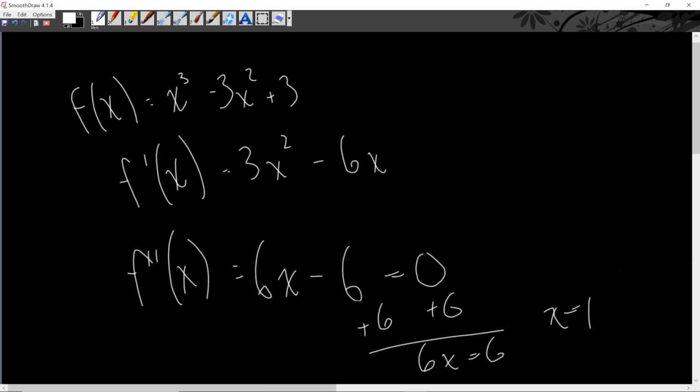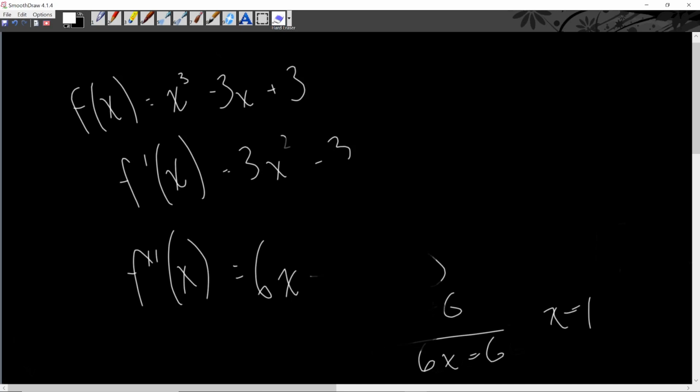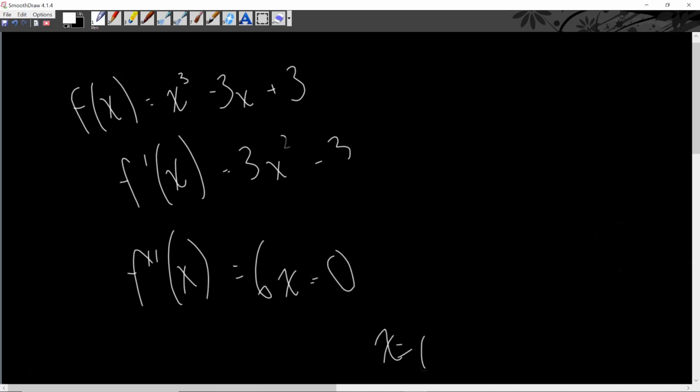Oh, sorry, I mean, it's a very similar problem. I guess I just didn't look at it correctly. This is x cubed minus 3x plus 3. And now the derivative of x is 1, so this will be minus 3. And then the derivative of a constant is 0, which means that this is 6x equals 0. Divide by 6 on both sides, so x equals 0. We didn't actually do any derivative stuff wrong, I just misread the question.